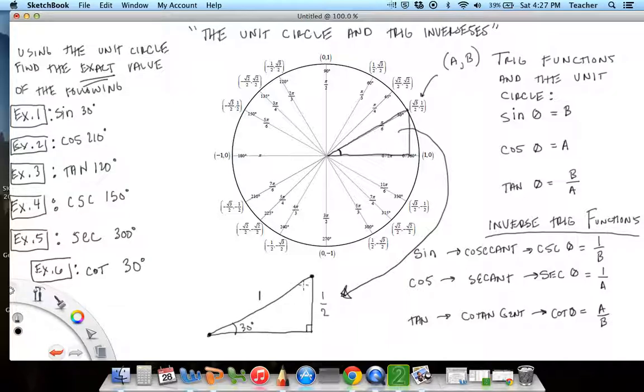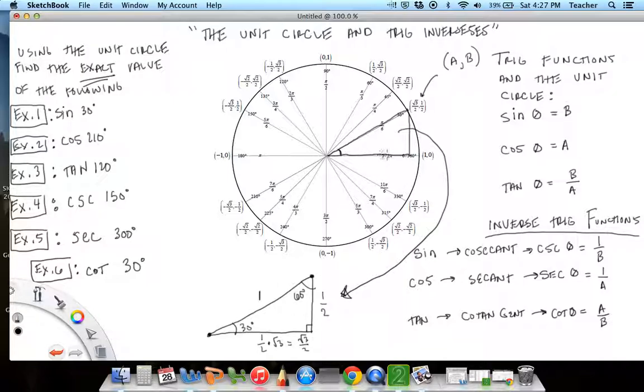And the longer side, the non-hypotenuse side opposite the 60 degrees, is going to be x square root 3, or in this case 1/2 times square root 3, which simplifies to square root 3 over 2. Okay, so this is how I'm getting these measurements.